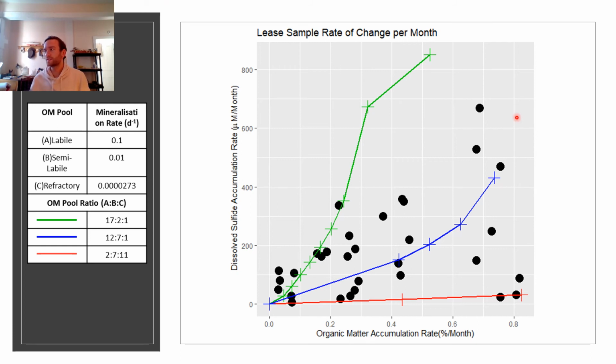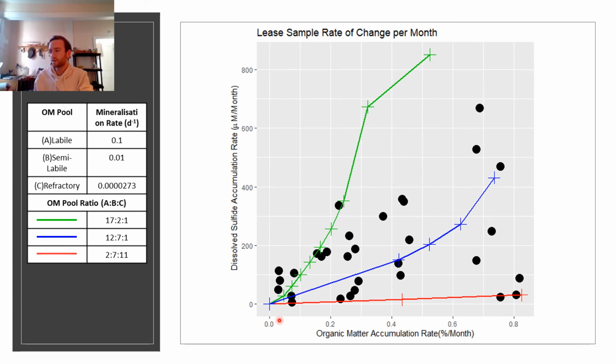Well, my approach was to take the initial conditions of the measurement, say at the mean of the reference sites surrounding the lease, use that as a starting point, and then take the observations found within the environmental monitoring program data and subtract the two, and from that get a rate. And I've assumed here that this is the end of the grow out period for the salmon. So for this, it's 15 months.